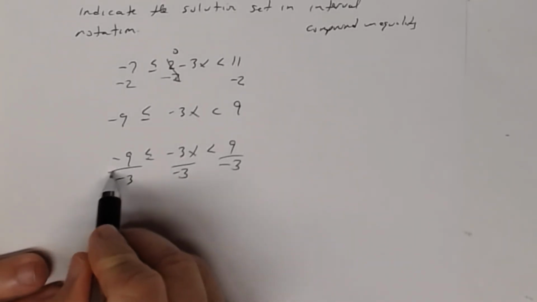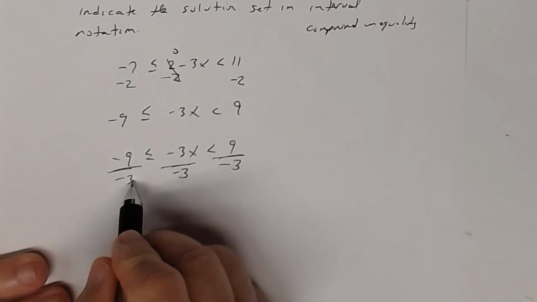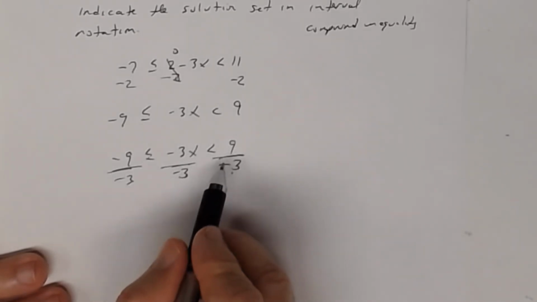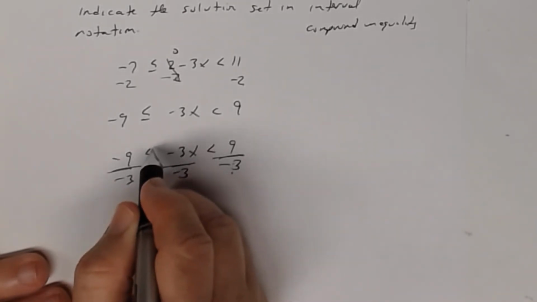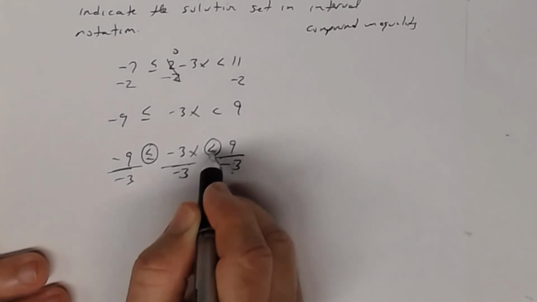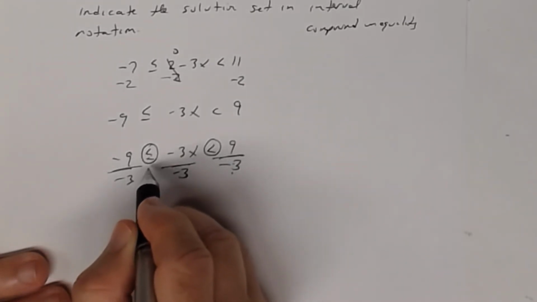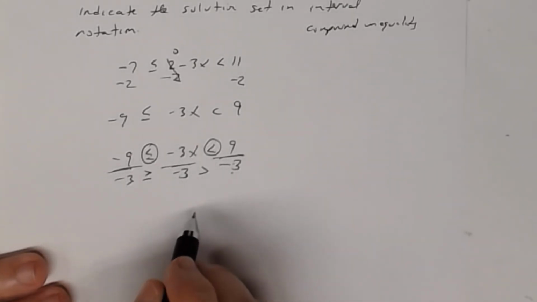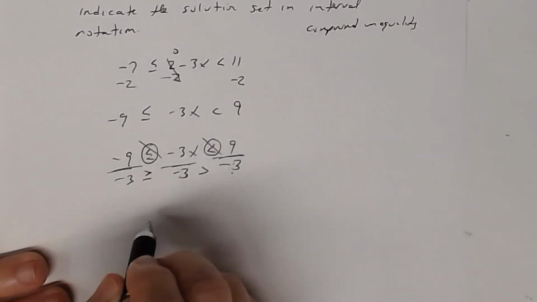Make sure you show the division. Divide, divide, divide. Say divide by negative 3, divide by negative 3, divide by negative 3. But the fact that I divided all parts by negative 3 means that this inequality symbol is no longer correct. So less than or equal to becomes greater than or equal to, less than becomes greater than. Make sure you change those. Those are no longer correct.